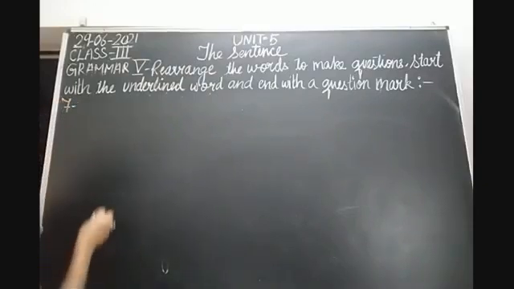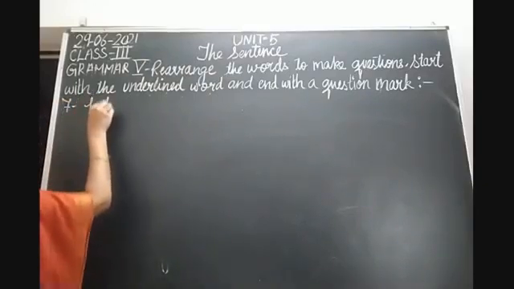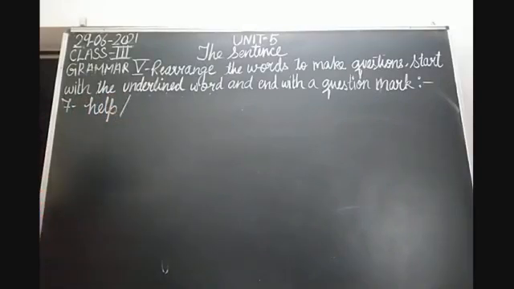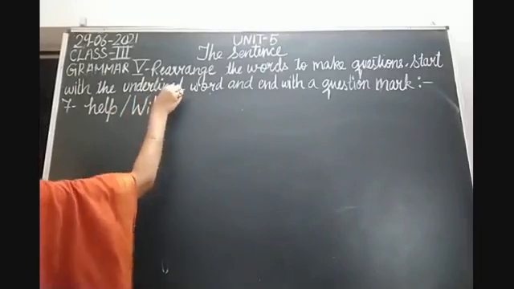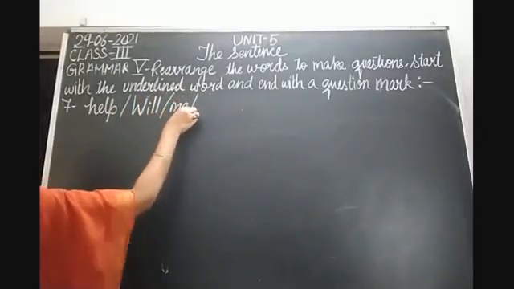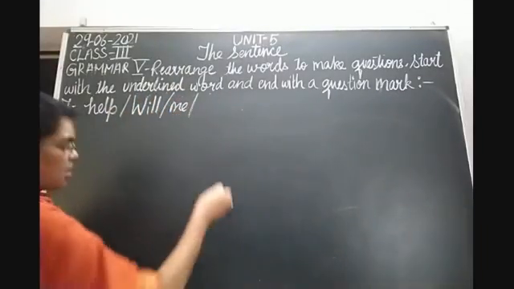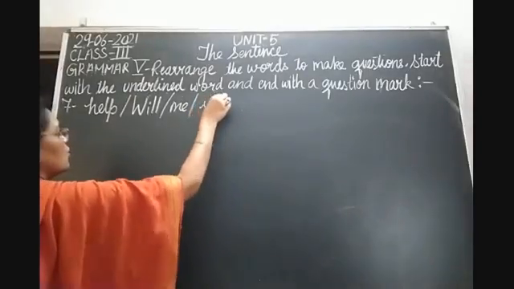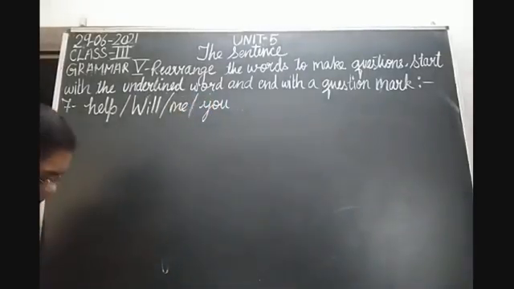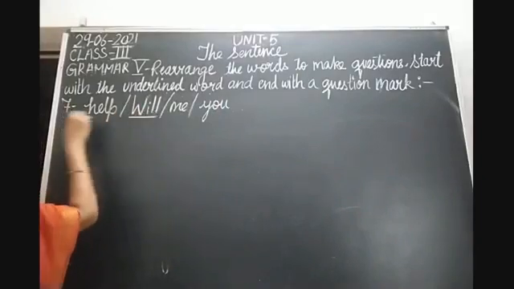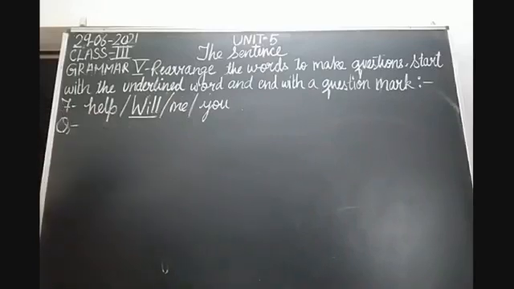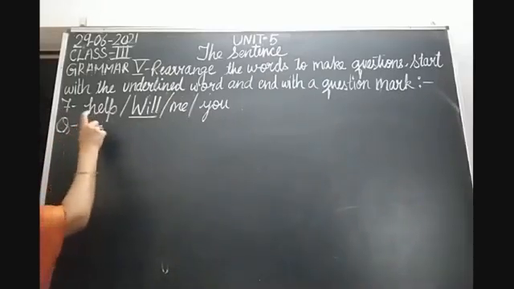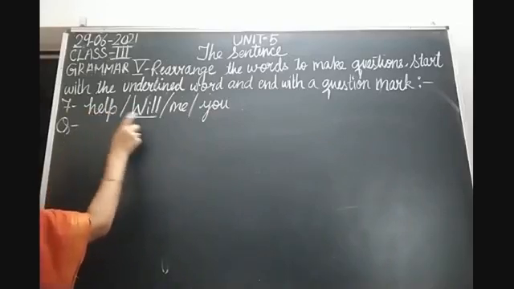Now the 7th one. Help will me you. And the word which is underlined is will. That means we need to start our question with will. So we'll begin our question keeping in mind that there are 4 words, 1, 2, 3, 4.